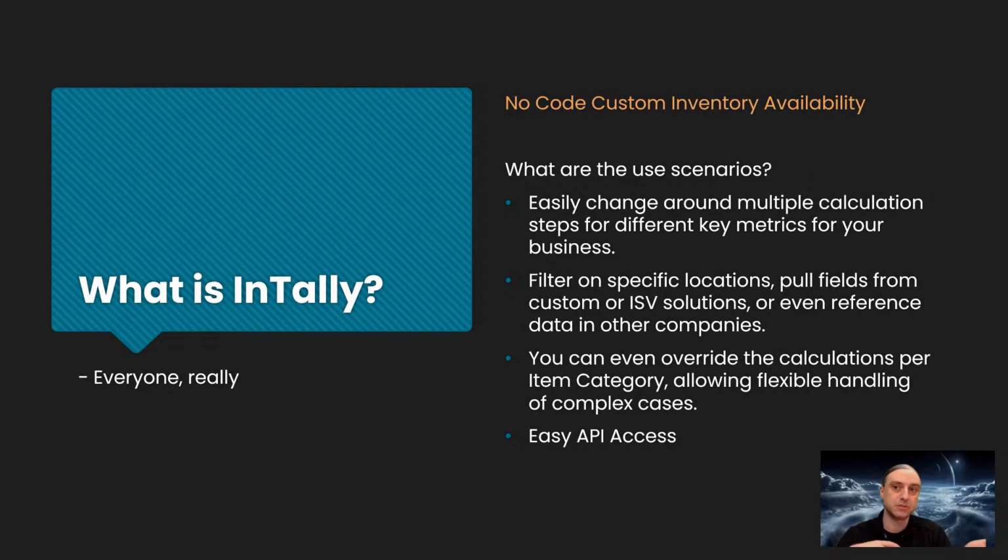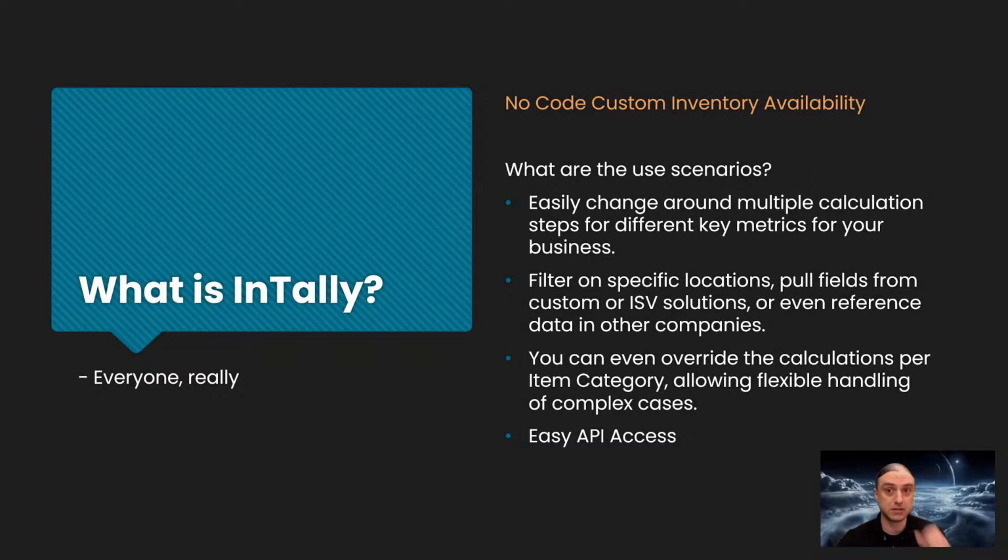Some of those things are built into the solution, like locations, reservations, and those sorts of things. But sometimes there's business logic or intercompany needs that aren't really met by the current product. So the idea is to have the ability to filter on specific locations. You could pull from custom fields, for example, and you can do some creative things around item categories.